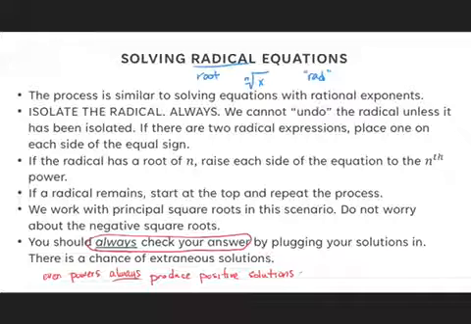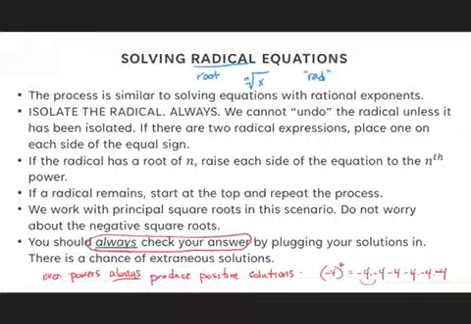If I'm using a positive number, then I have positive times positive times positive times positive, however many positives, and I'm always going to end up with a positive answer. If I'm using a negative number, like say I take a -4 and I raise it to the 6th power, that's -4 times -4 times -4 times -4 times -4 times -4.